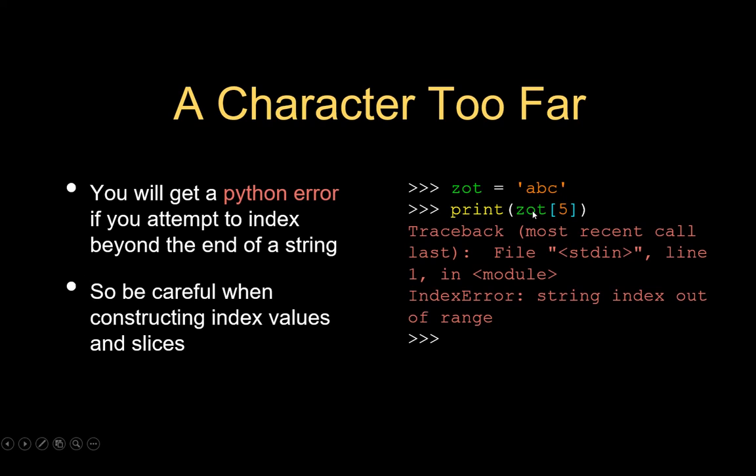Because our number is more than the length of the string, we will get a traceback, and the traceback is string index out of range. So basically, in this case, Python cannot find that character, and we get the traceback error.